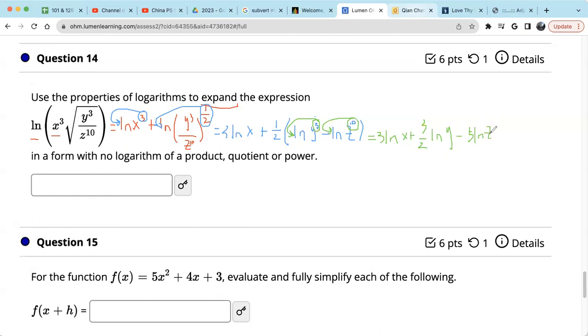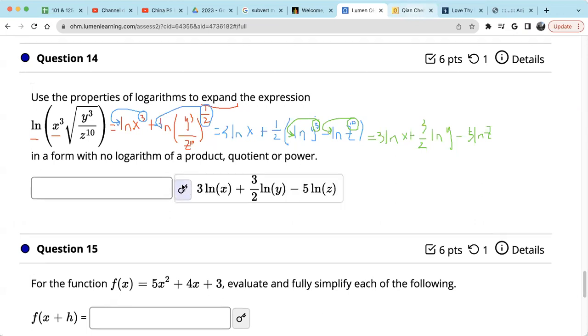Okay, this is the final answer. All right. 3 ln of x plus 3/2 ln of y minus 5 of ln of z. Let's click on this. 3 ln x plus 3/2 ln y minus 5 ln z.